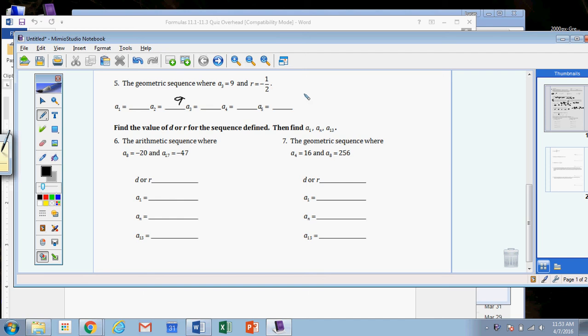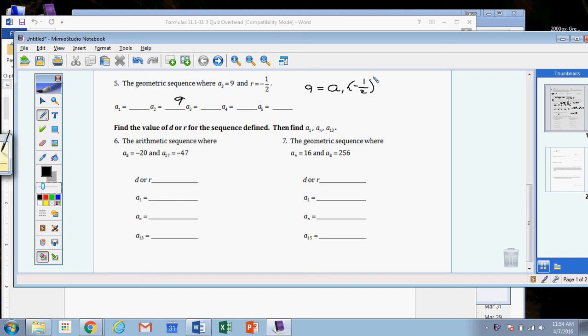Well, I know that with my geometric equations, the a sub n, I can say 9 equals, and I'm trying to find the first term, times my r, which is negative 1/2, all to the n minus 1 power. Well, the n in this case is 3, right?